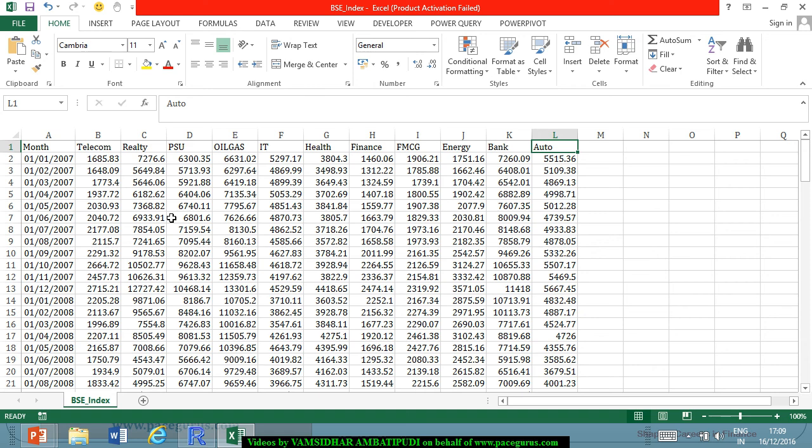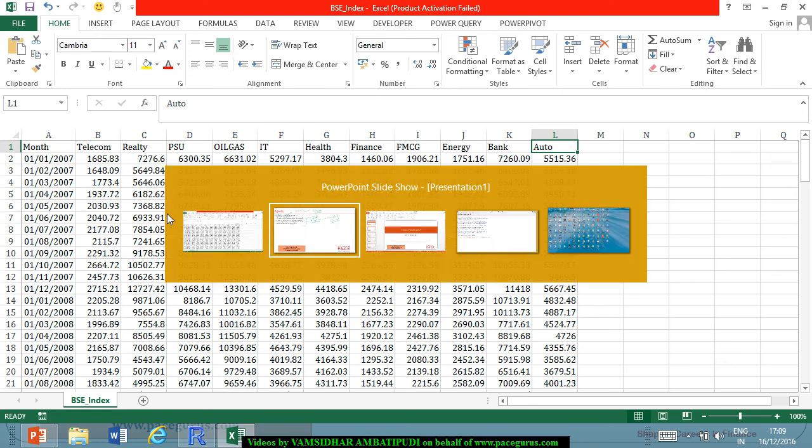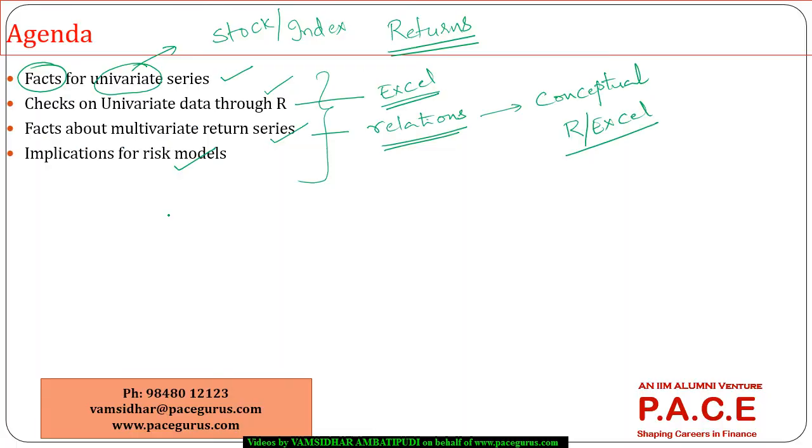I have taken the index values corresponding to this entire 10-year period, and on that we want to go ahead doing these various activities, understanding the facts as well as testing those facts in Excel as well as in R.